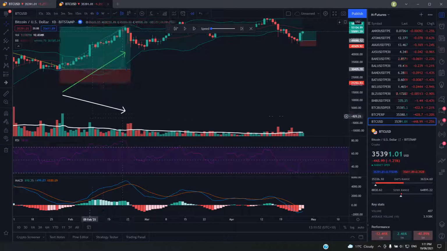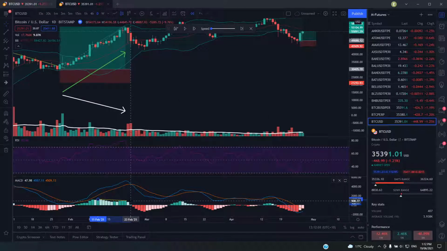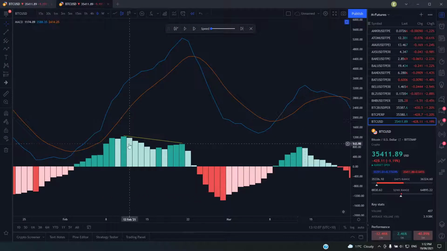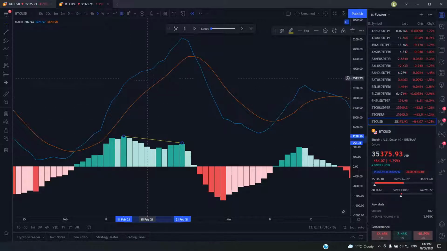We see the histogram here, to that candle there. We see a huge drop in momentum. Even though price is going up and the moving averages are going up, the histogram is going down. That's clear divergence in itself.